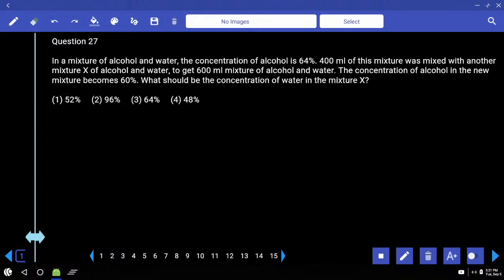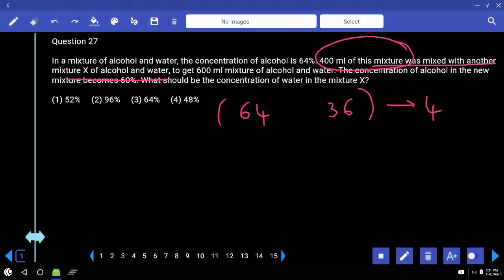In a mixture of alcohol and water, the concentration of alcohol is 64%. 64% means, and water is 36. 400 milliliter of this mixture is mixed with another mixture for giving a total of 600 milliliter.